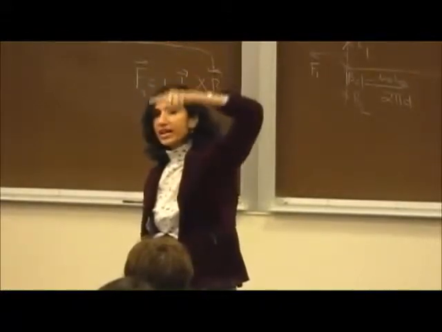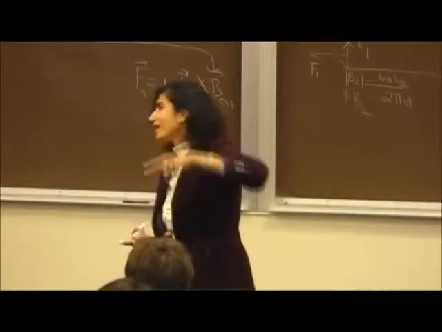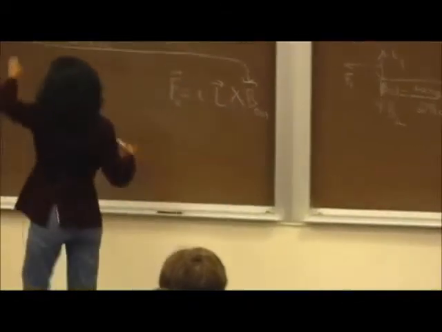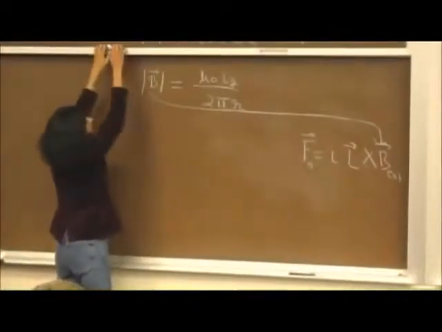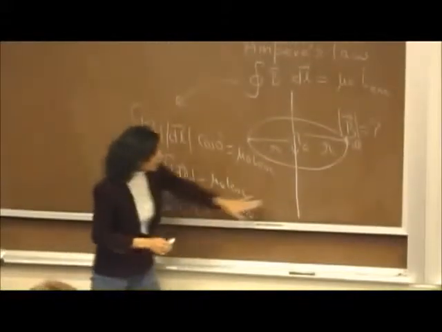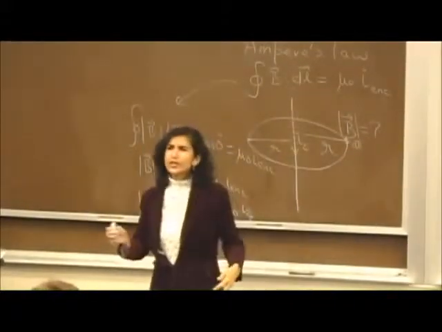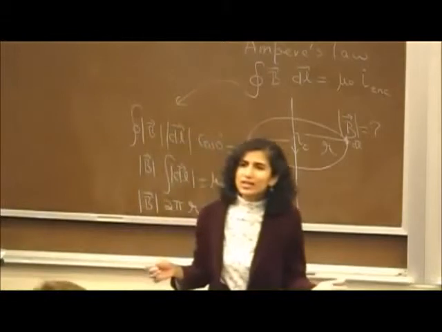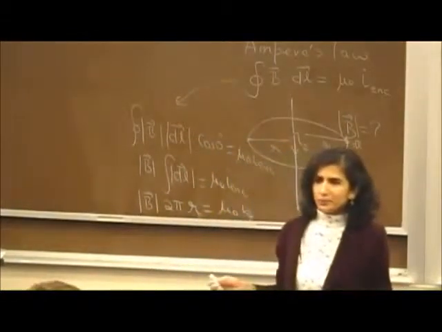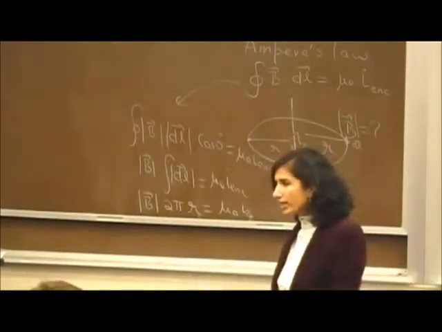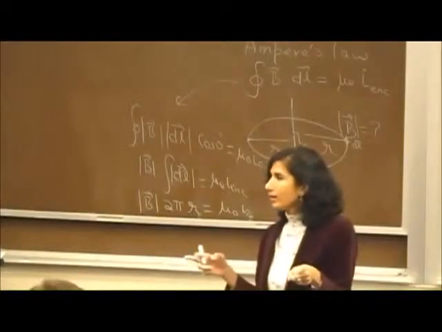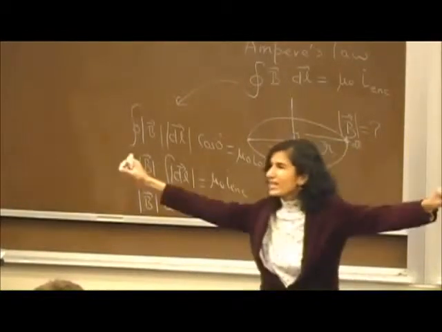Because if the wire has only a finite length, if the wire is only a short wire, just like in Gauss's law, you can't really use Gauss's law to find the electric field for a finite line of charge. You have to assume that it's an infinite line of charge.